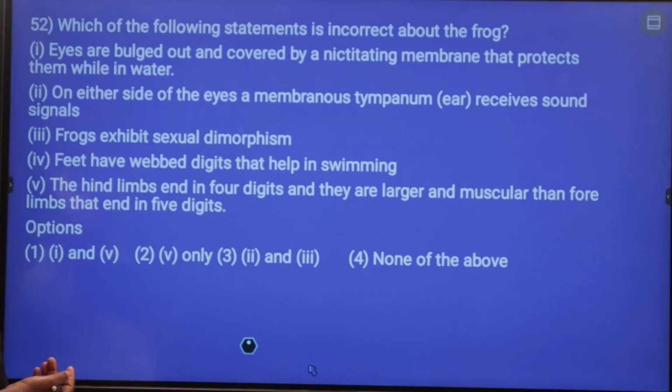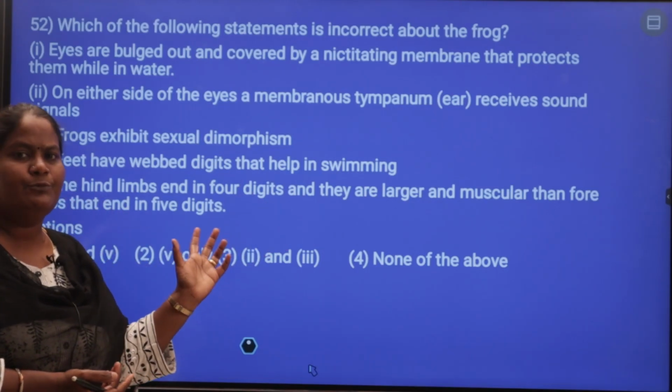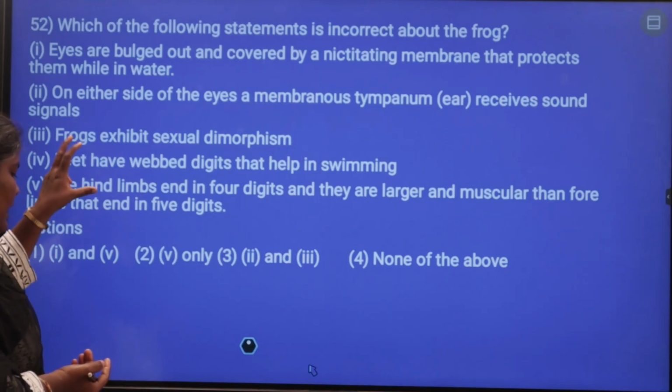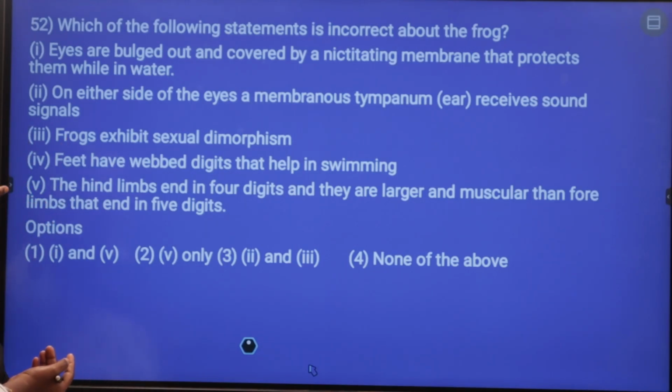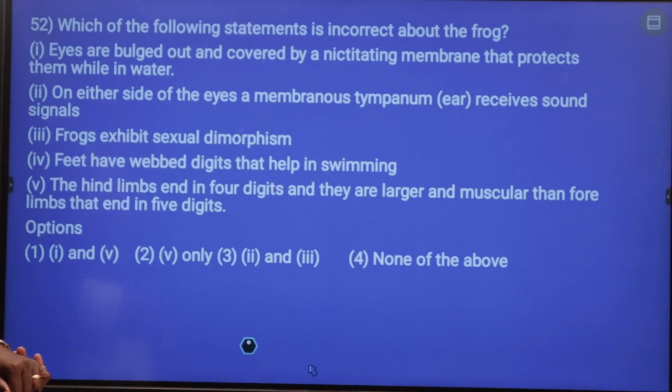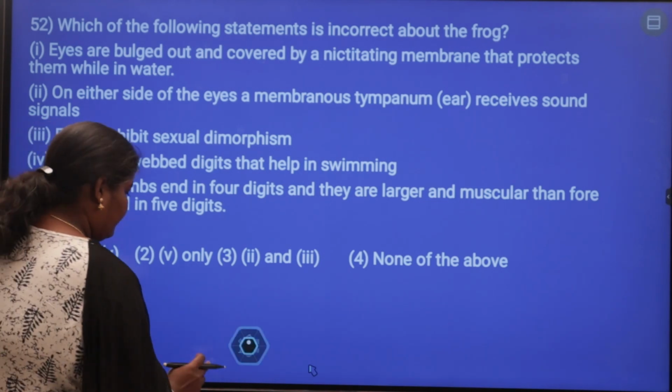At first, when you read everything, it seems to be fine. But when you observe properly, there are a few statements which are incorrect here. Number 1, here: on either side of the eyes, a membranous tympanum receives sound signals. And especially the 5th statement, just observe the 5th statement.